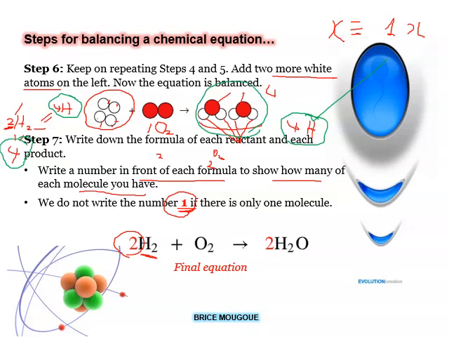In front of oxygen, we used only 1, so there's 1 molecule of oxygen. And in front of water, because we wanted first to balance oxygen out, we had to bring in another molecule of water to form this compound here. Then we now have 2 molecules of water. That's why we have that 2 there. So that's how we balance a chemical equation. This is how our final equation will look.